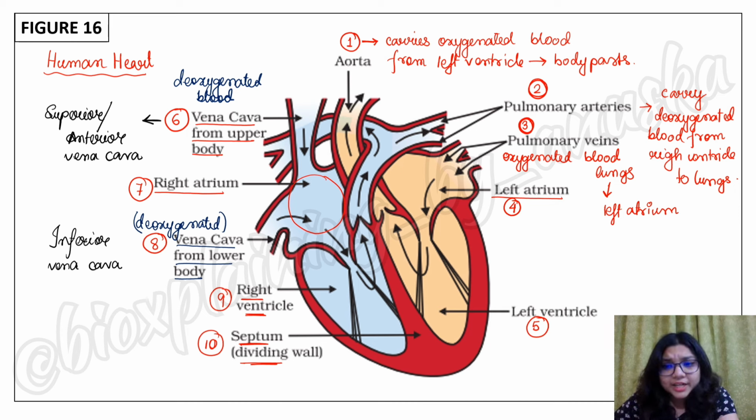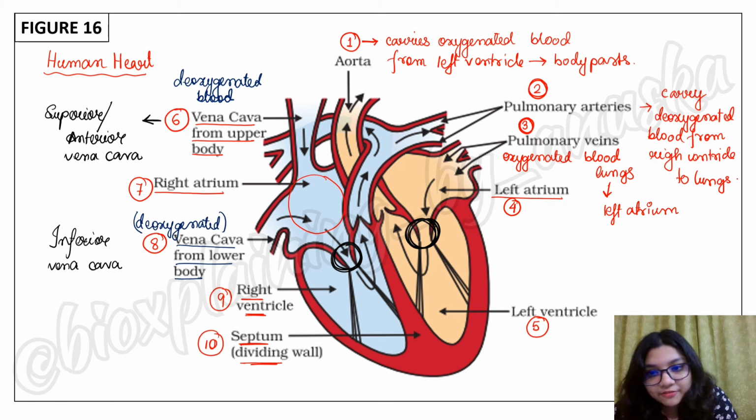Additional info that we will remember in this case is about the tricuspid and bicuspid valve. In between the right atrium and the right ventricle, and also in between the left atrium and the left ventricle, you have two cuspid valves.